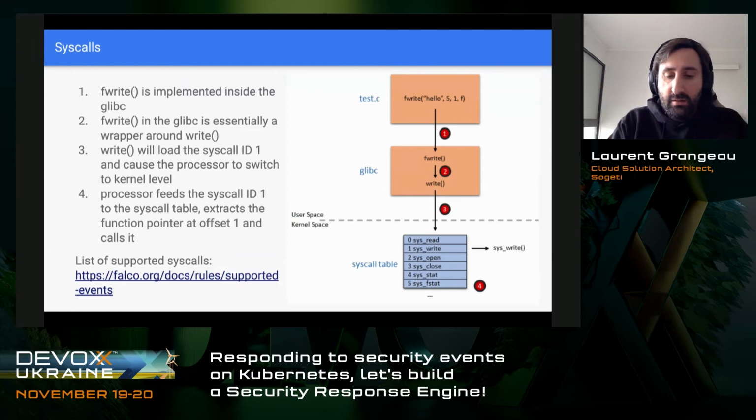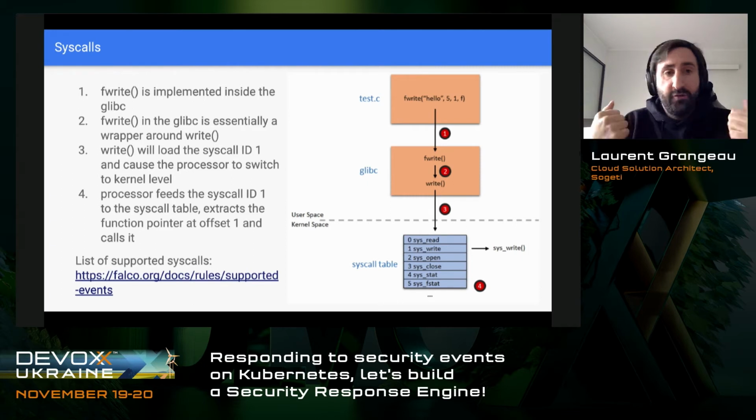Just a little explanation of what a syscall is, for the people that are not used to syscalls. So a syscall is basically a call to the kernel space done by some library, some binary inside the user space.